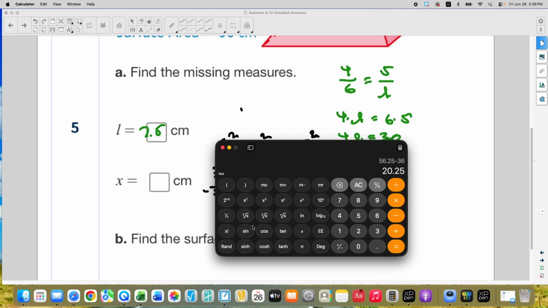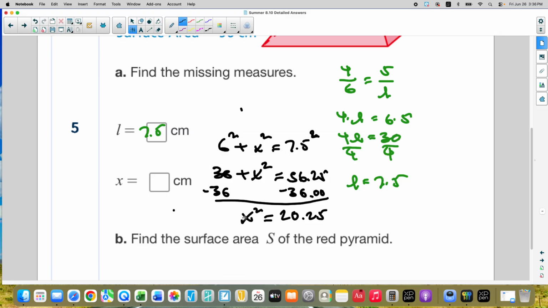Now take the square root. 4.5. That's what they have too. So we get x equals 4.5, and that was the answer that they got.